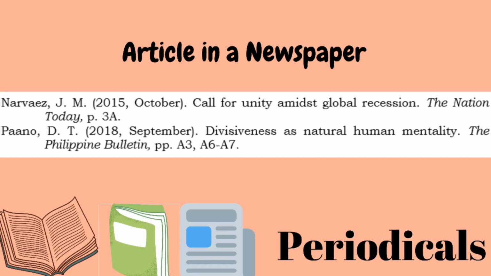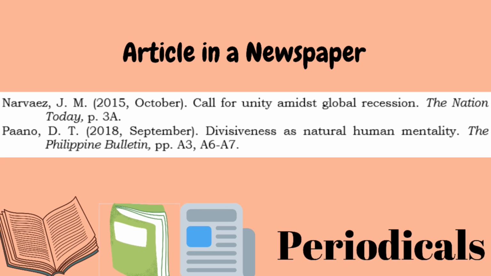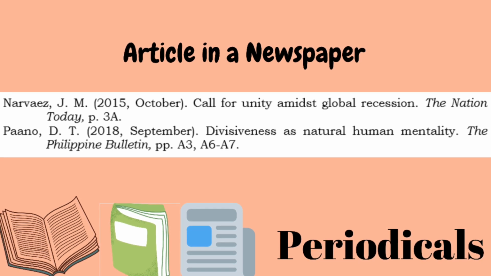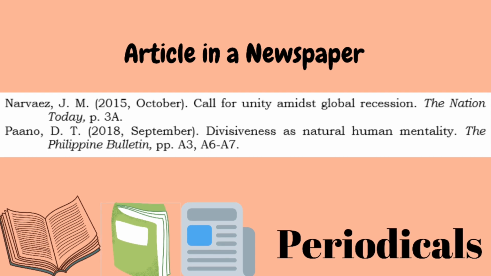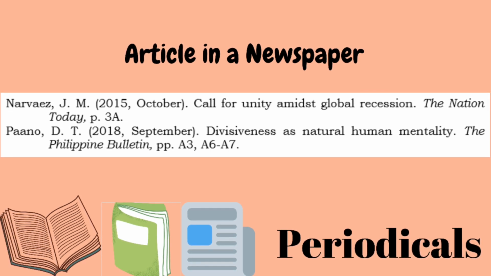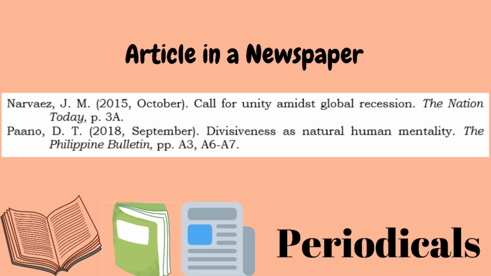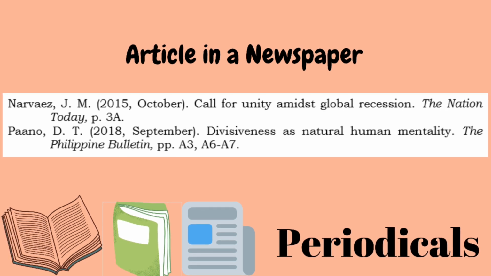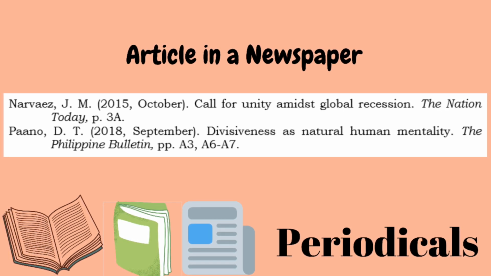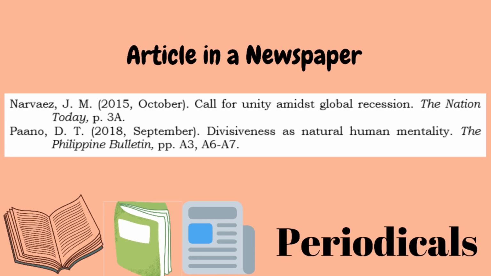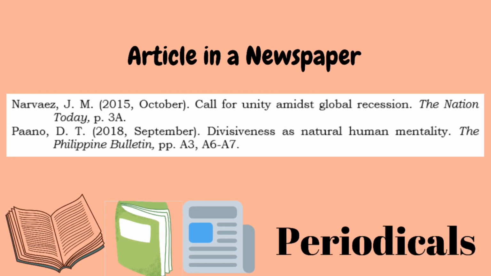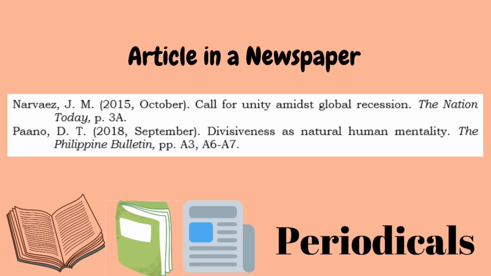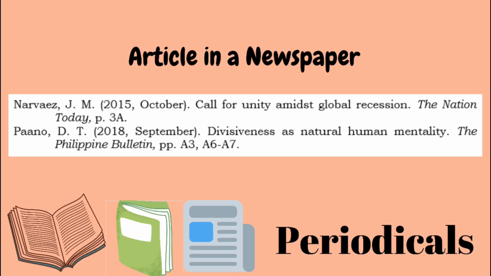Title of the periodical, The Nation Today, and then comma. Then we specify the page number by writing the abbreviation of the page, which is p. period, 3A, period. So we use p., a single p, if it's a single page only. But if it's a range of pages or multiple pages, we use the abbreviation pp., period. And all else are the same.